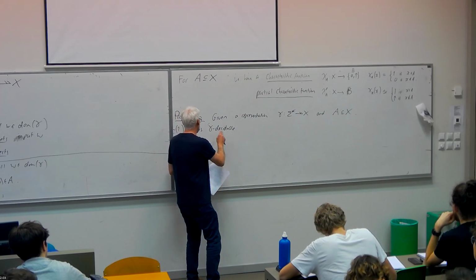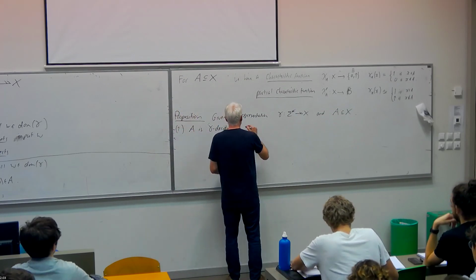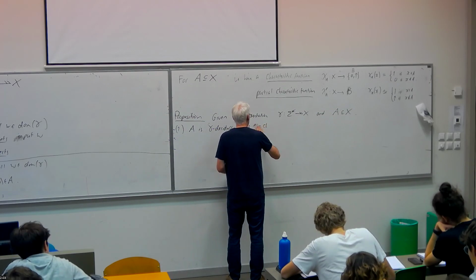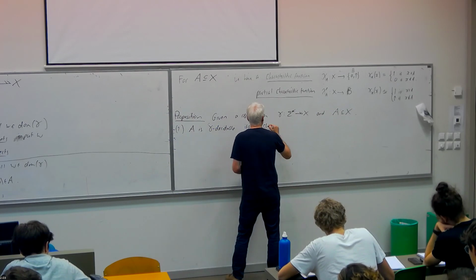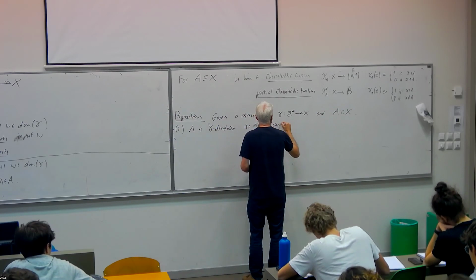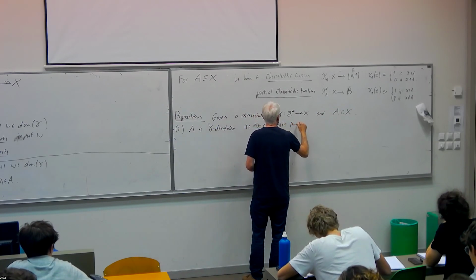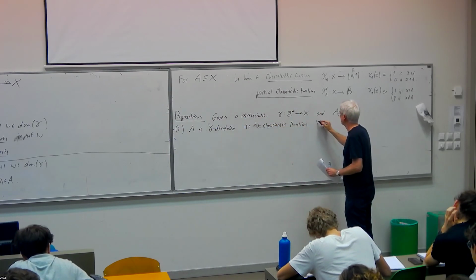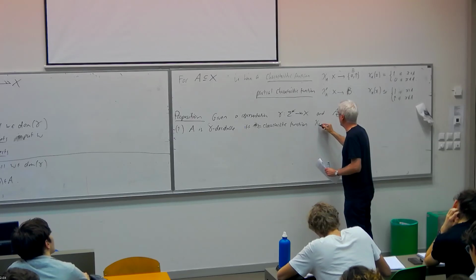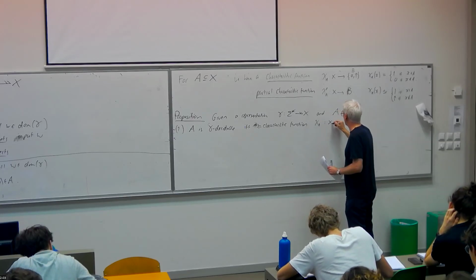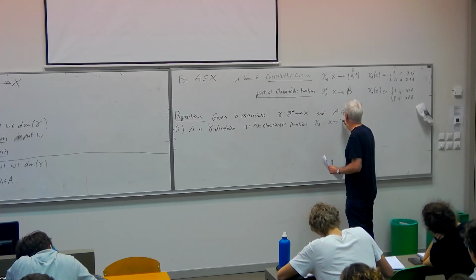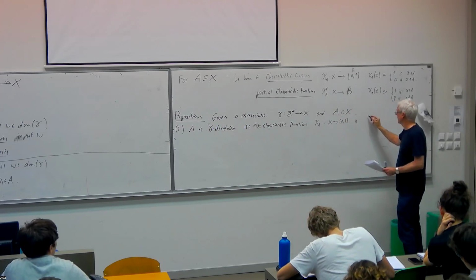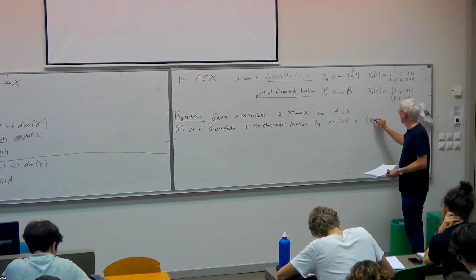Anyway, the proposition says A is gamma decidable if and only if its characteristic function I sub A from x to {0, 1} is computable.